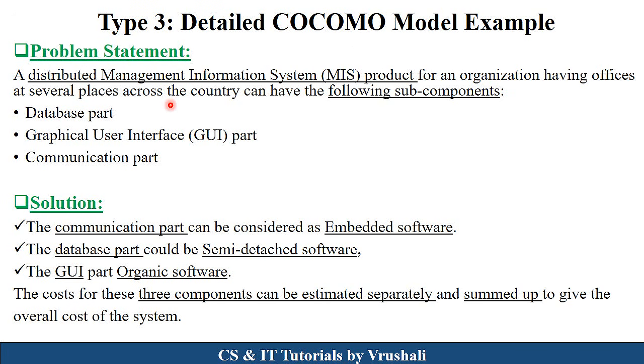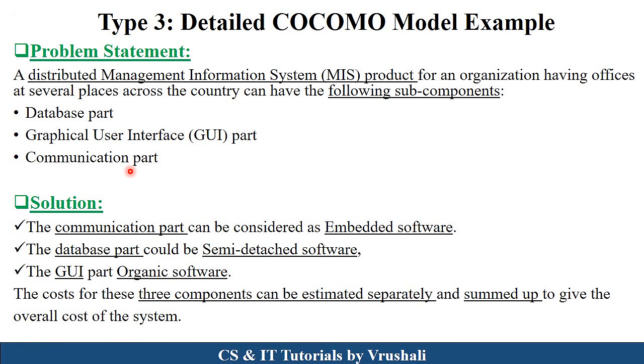Now see here in this particular example. Suppose the problem statement is a distributed management information system product. This is a project for an organization having offices at several places across the country, and they have the following subcomponents. This MIS project has three components: database part, graphical user interface part, and communication part.